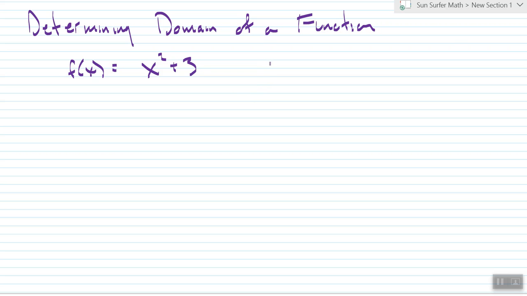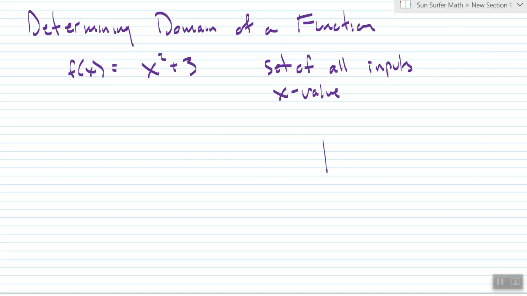The domain is the set of all inputs, all of the allowable inputs. In other words, what values of x can I allow this function to take on? So remember what a function is.